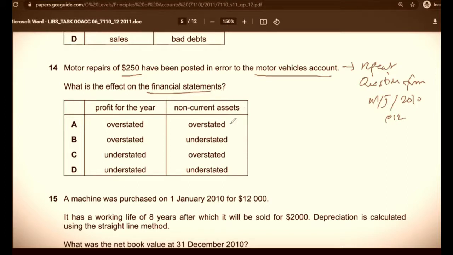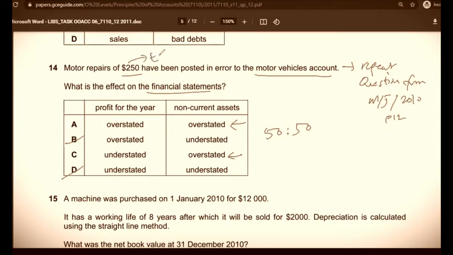So our non-current assets would definitely be overstated. So it's either option A or option C. So you can immediately eliminate options B and D and come down to a 50-50 choice. Now you have to see the effect of posting this error into the motor vehicles account. What would be the impact on net profit? So my expenses have been understated.